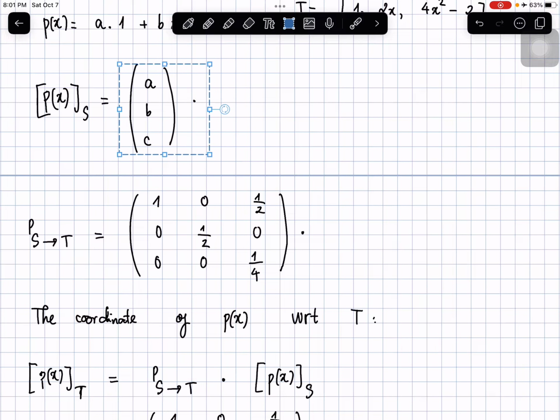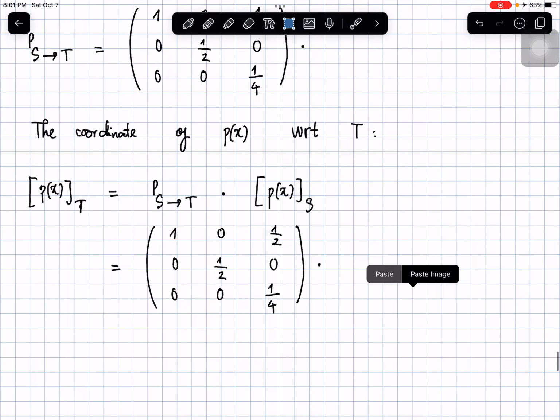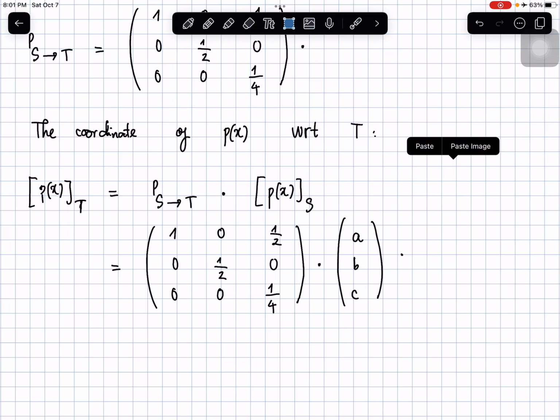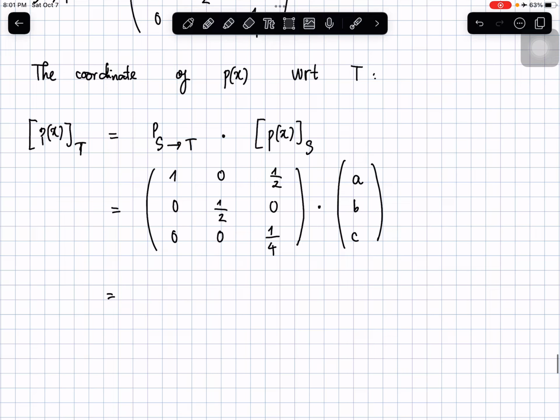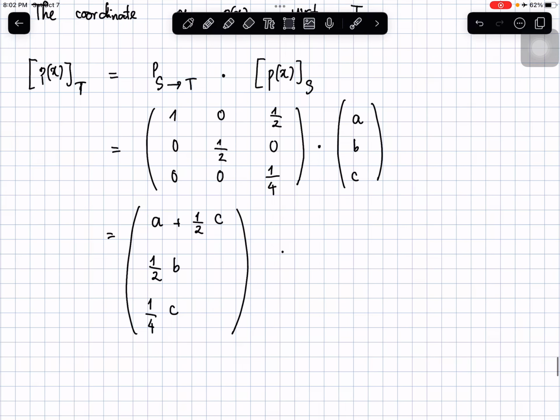The coordinate vector is this one in S. This gives us the coordinates of p(x) with respect to T, which is a plus 1 over 2 c, 1 over 2 b, and 1 over 4 c. This is the coordinates of p(x) with respect to T.